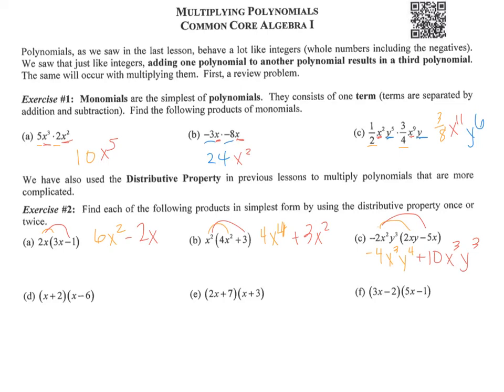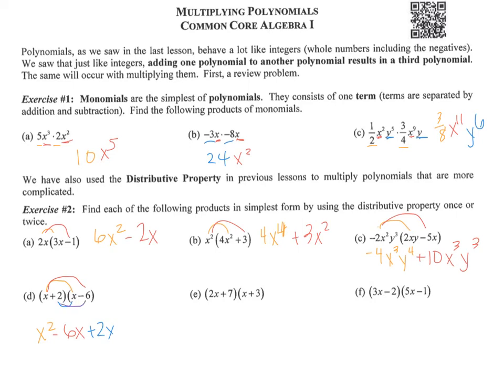And more difficult. X times x is x squared. X times -6 is -6x. So far, we have multiplied the x to everything in that second parenthesis. We still have the 2. So now 2 times x is positive 2x.